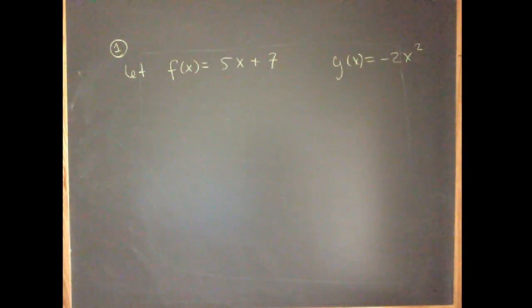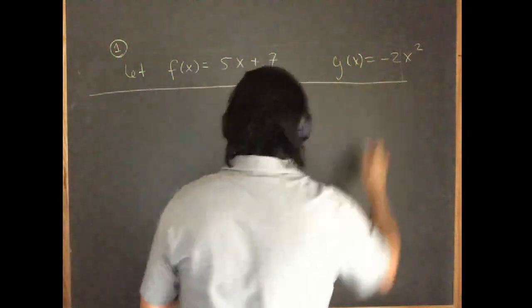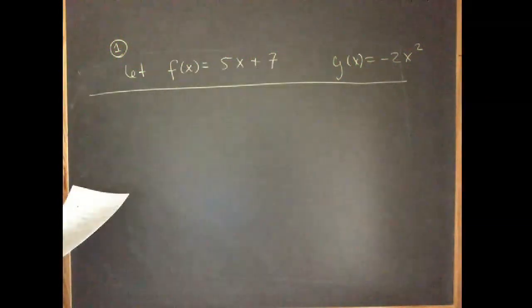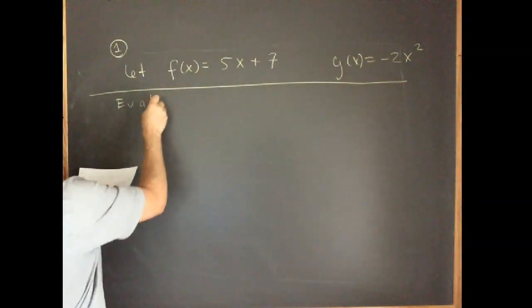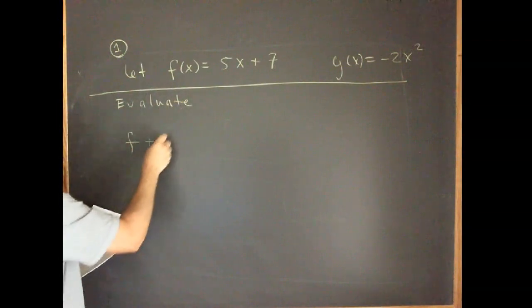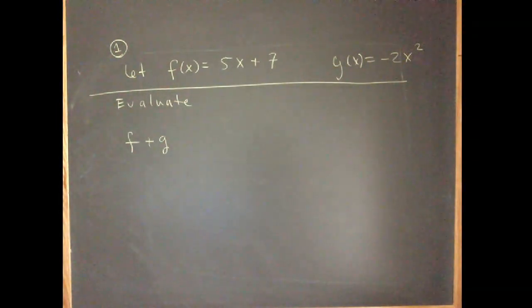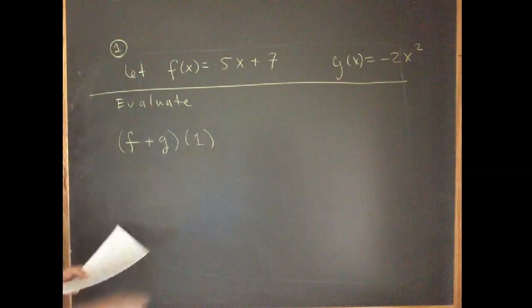So here we've got two functions, f of x and g of x, and we want to combine them together to form some new functions. So we're going to do the following. We'll work one by one through the following list. So we're going to look at f plus g. We want to add these two functions together and then evaluate that at the input of 1.